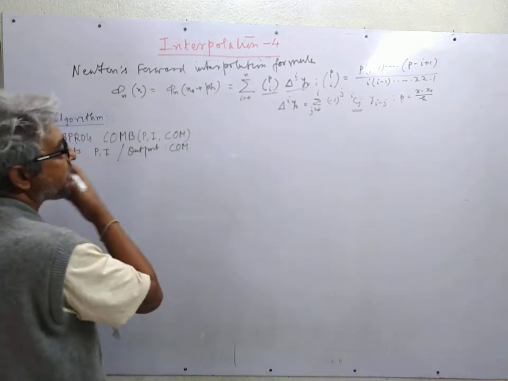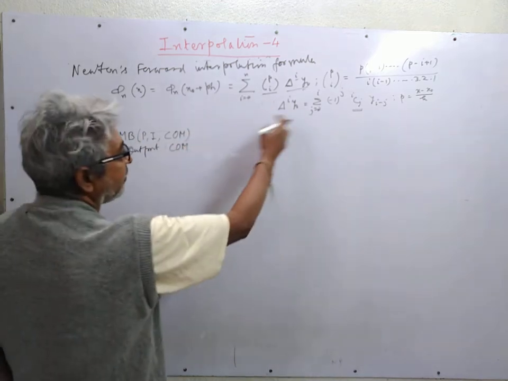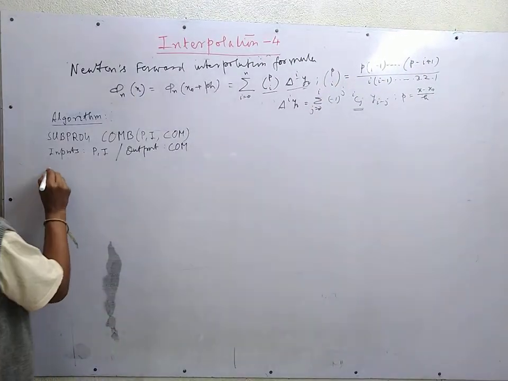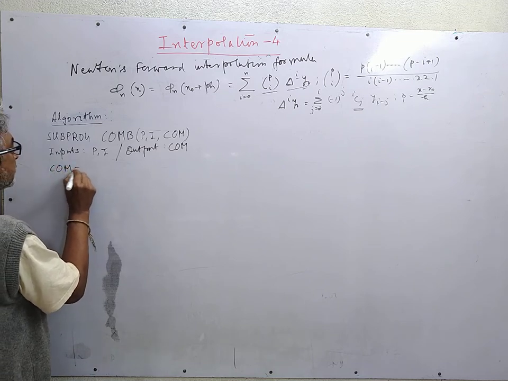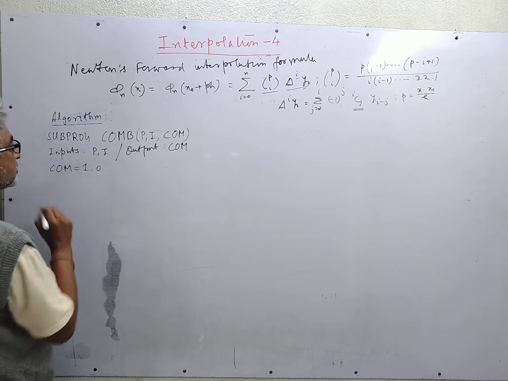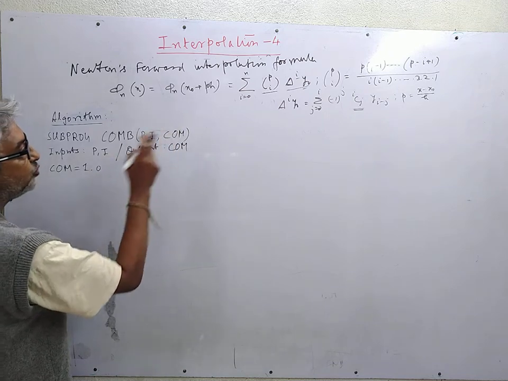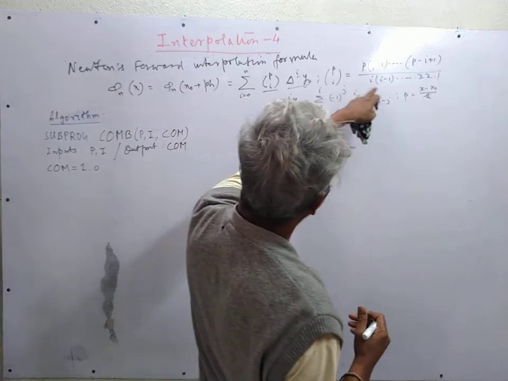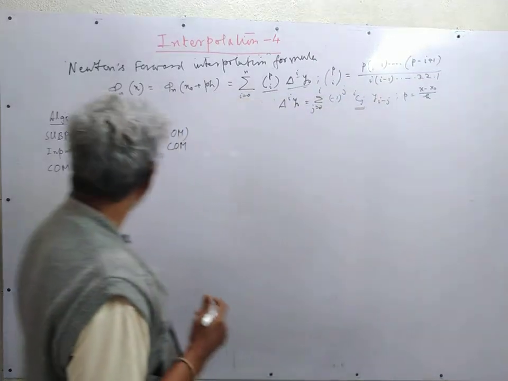First thing, since this is in the product form, we must initialize COM, the final result, to 1.0, the multiplicative identity. Then we start a loop for j in the range 1 to I.